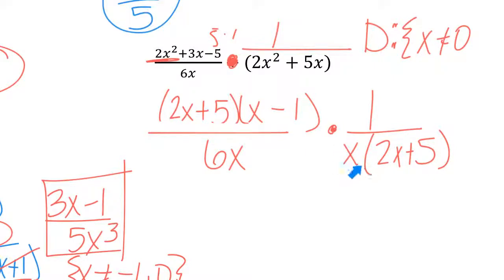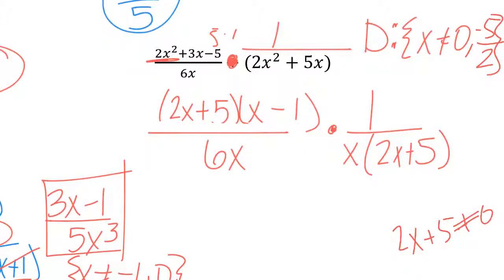X cannot equal 0 from this as well. There's no variable on top. And 2x plus 5, I have to set that not equal to 0. If I subtract the 5 and divide by the 2, I get negative 5 halves. So that's 2x plus 5 cannot equal 0, and you can solve that.